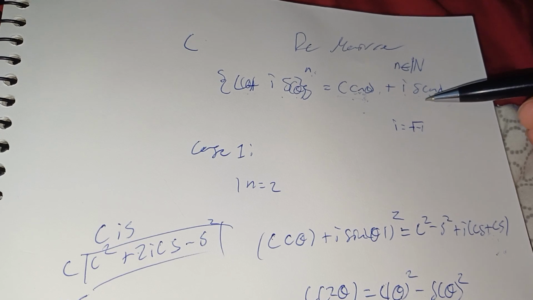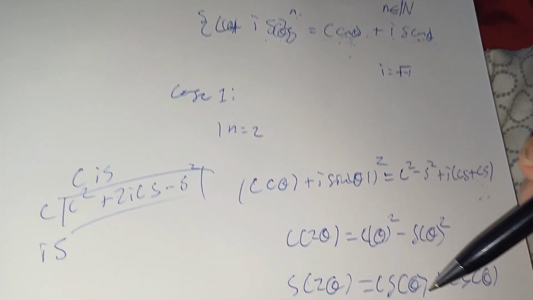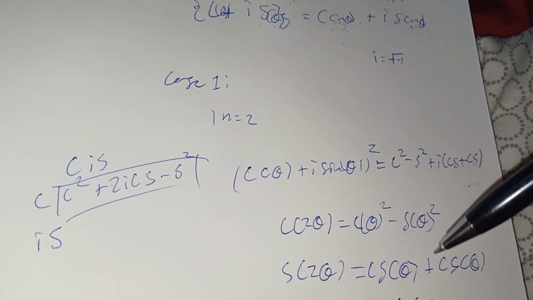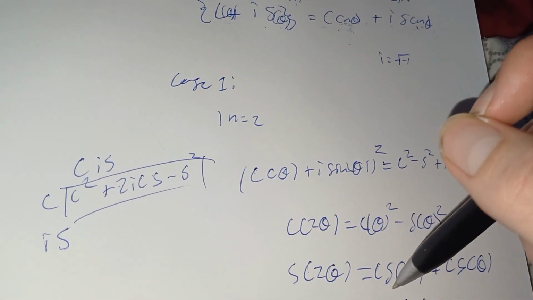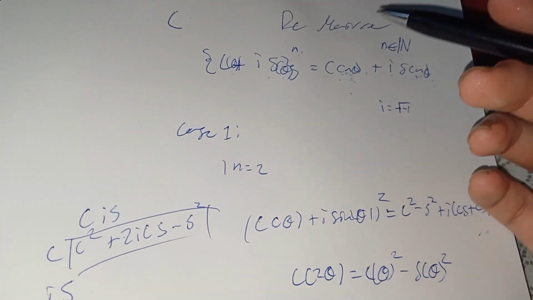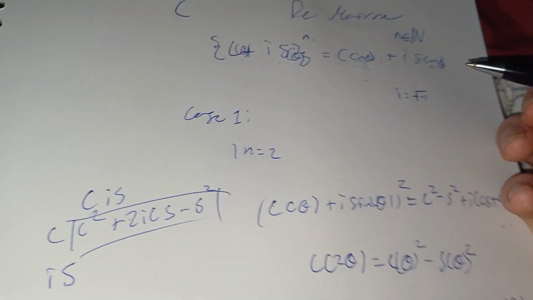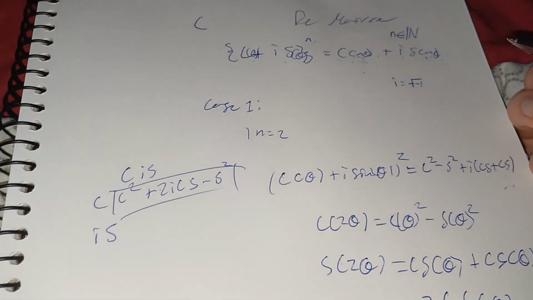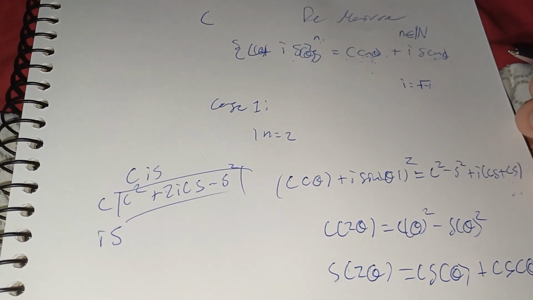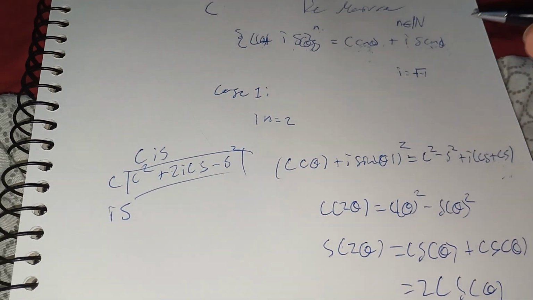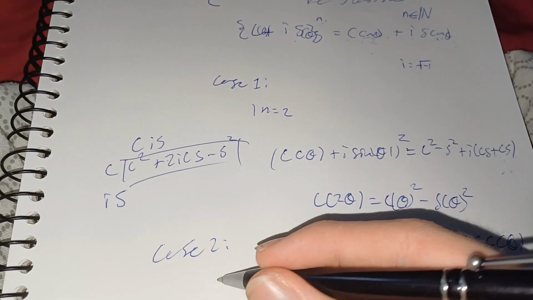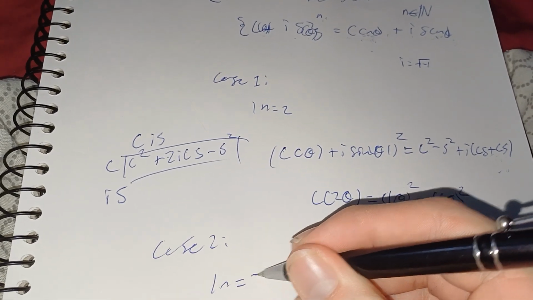So let's say that you want to calculate for 3 theta or 4 theta or any of the other angles. So case 2 is if n equals 3.